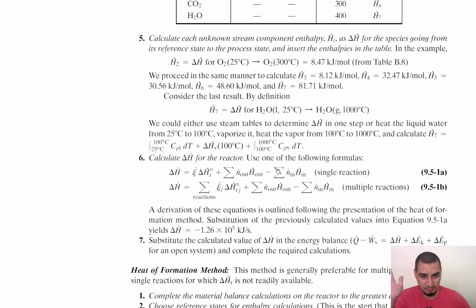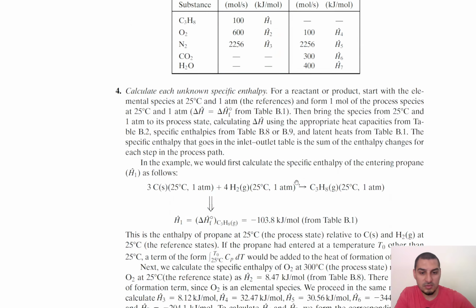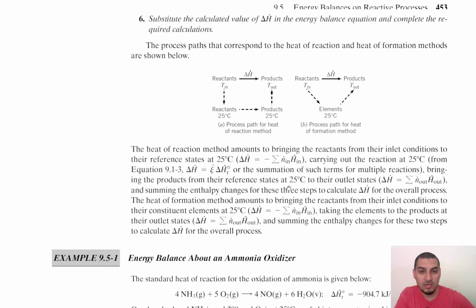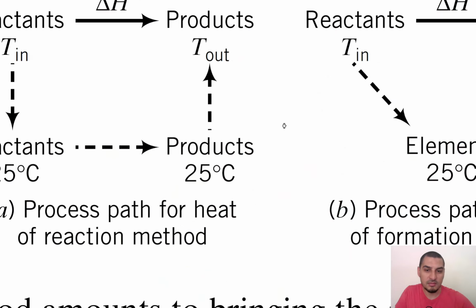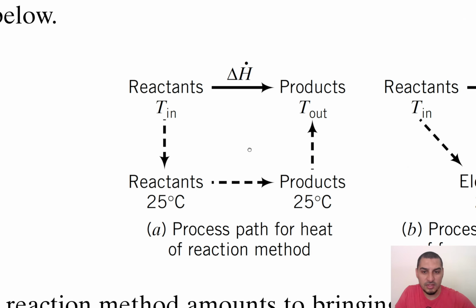For the approach I'm doing, the reason I'm doing what I'm doing is that I like to follow the hypothetical path. By this I mean that the hypothetical path is saying that we are changing the temperature of reactants from this temperature to 25.